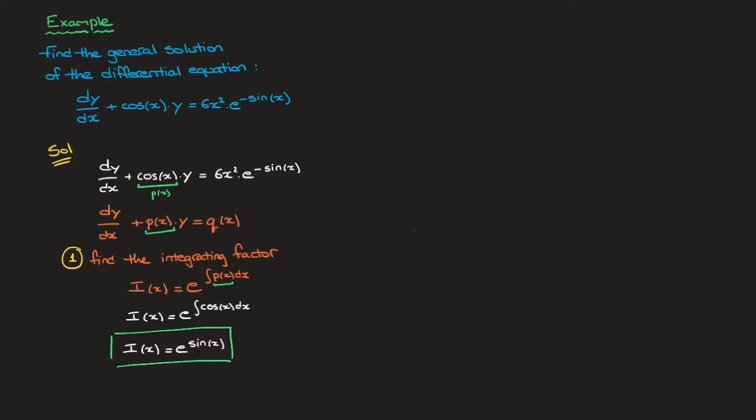Now that we have that, we move on to step 2. And in this step, we multiply our differential equation by the integrating factor and use the product rule to solve the equation. So I'll just write multiply DE, as in differential equation, by the integrating factor I of x, and use the product rule. So I'll just write use product rule, and solve.